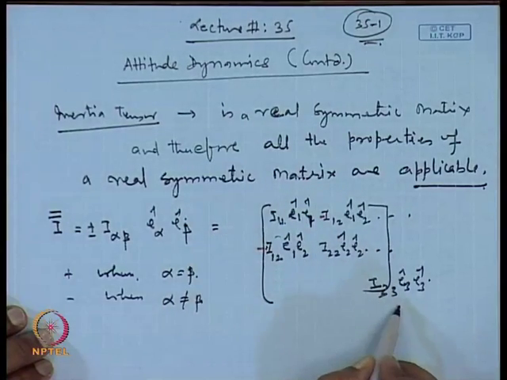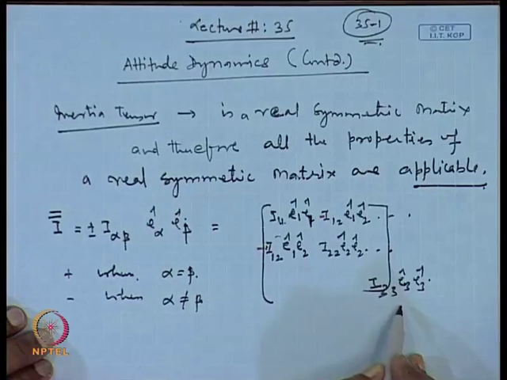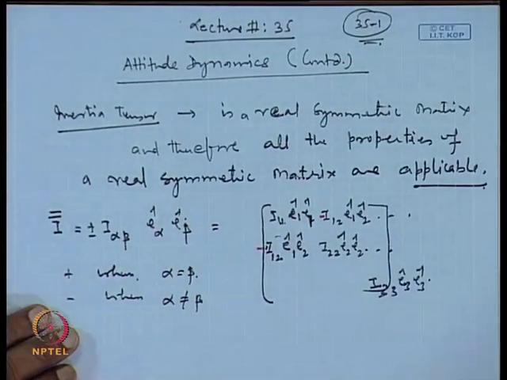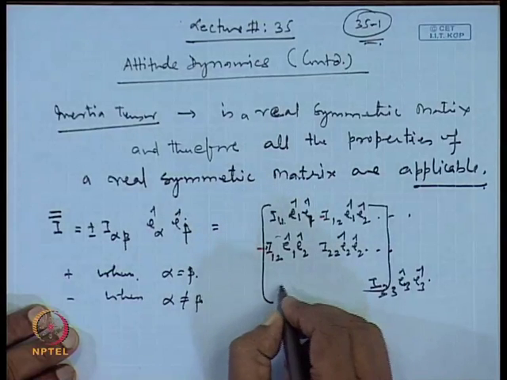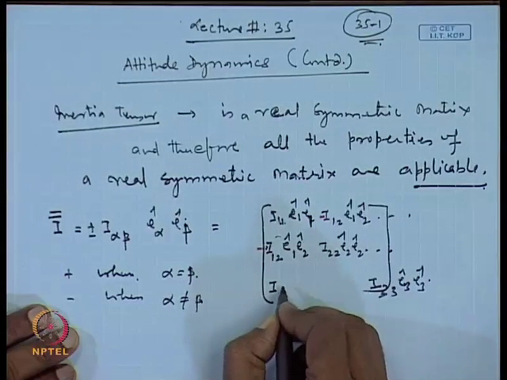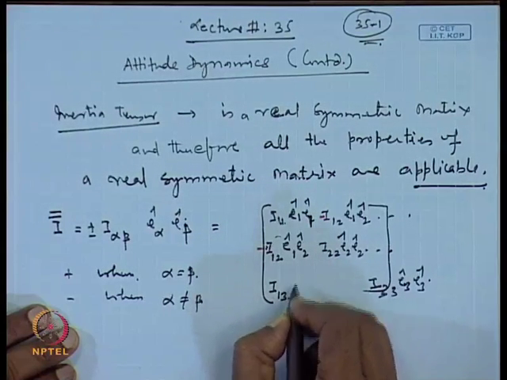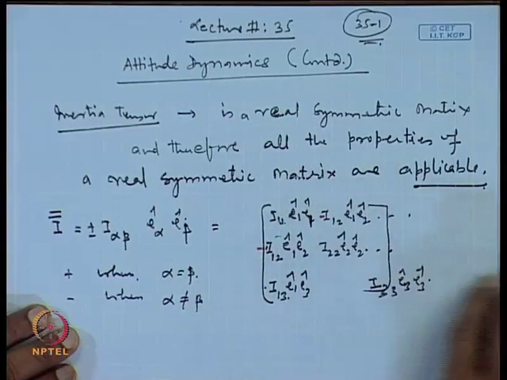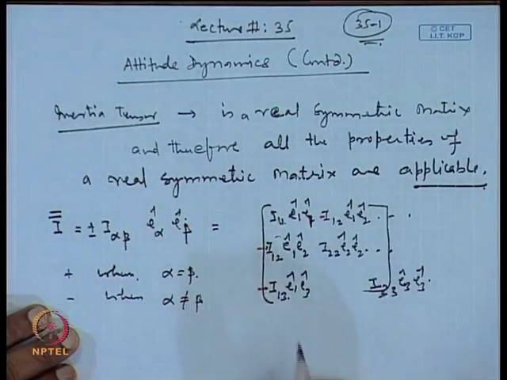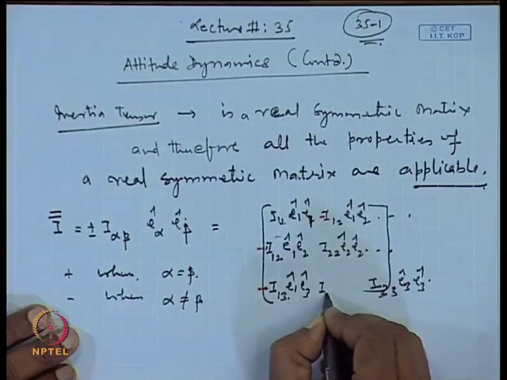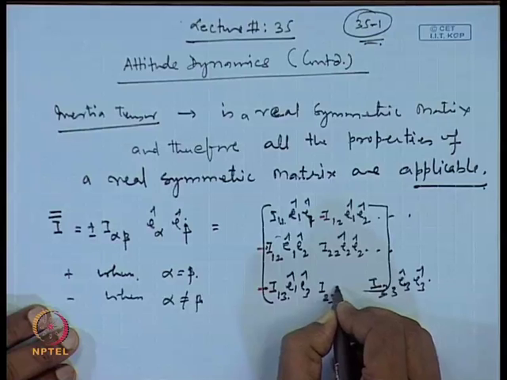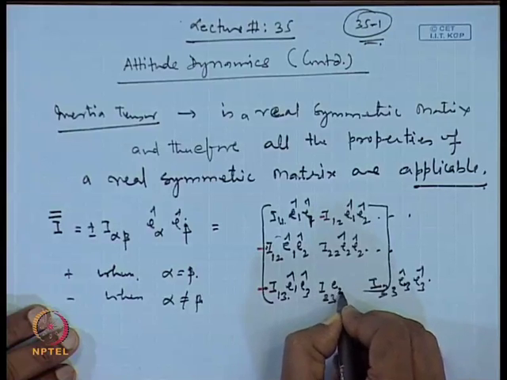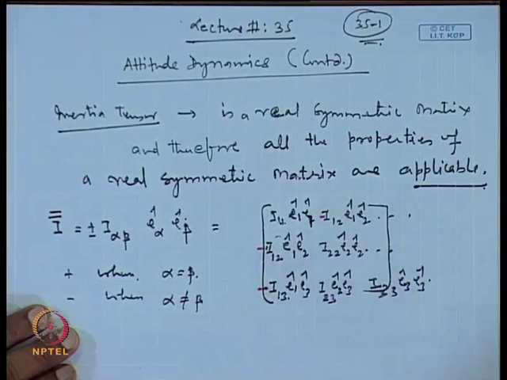So, only with the diagonal elements we have the positive sign, and with the off diagonal terms we have negative signs. So, here we have I 1 3 with a minus sign, E 1 cap E 3 cap, and then we will have I 2 3 E 2 cap E 3 cap with a minus sign.